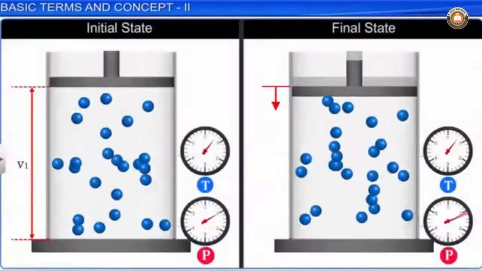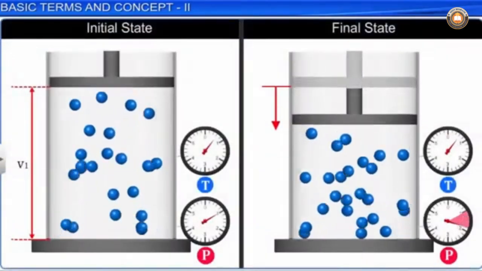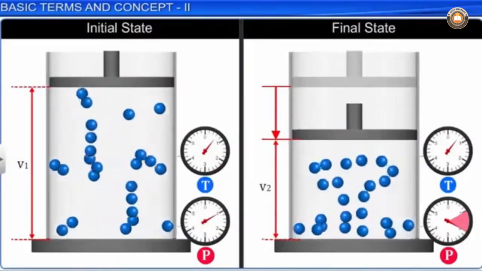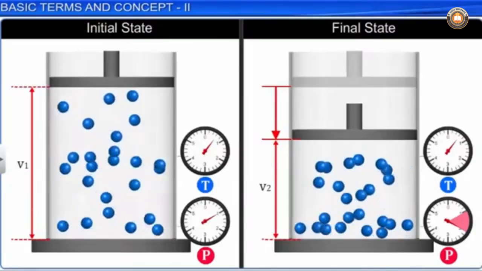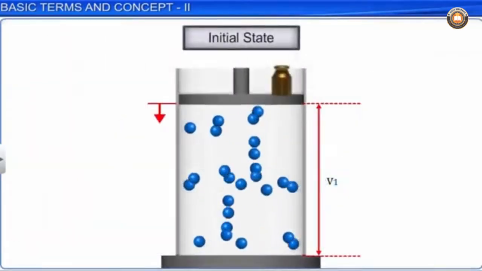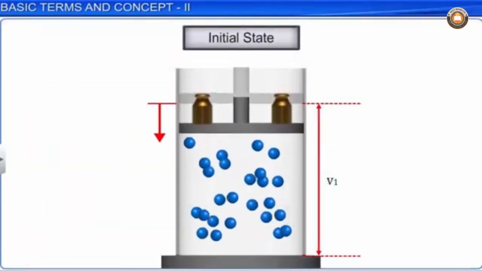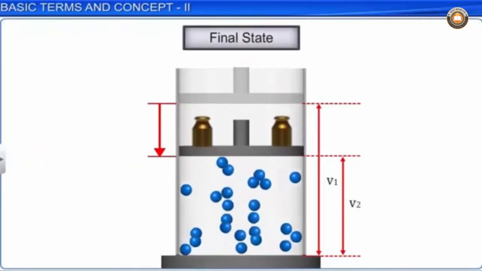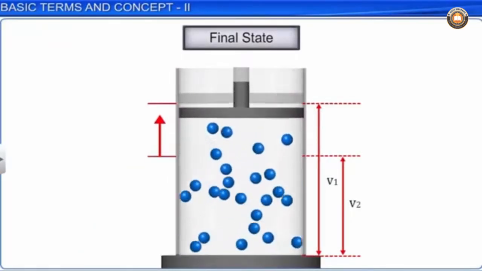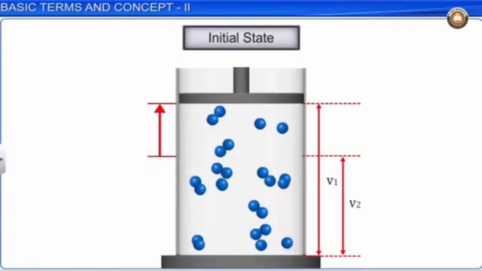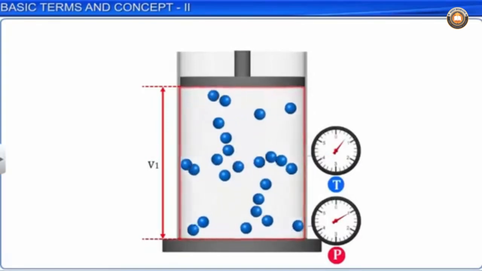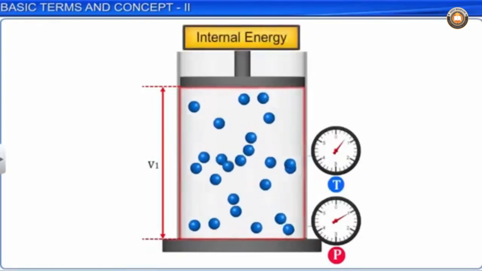When the state of a system changes, it implies that some thermodynamic process has occurred on the system, and energy has been either added to it or removed from it. The energy stored within a substance or a system is known as the internal energy of the system.